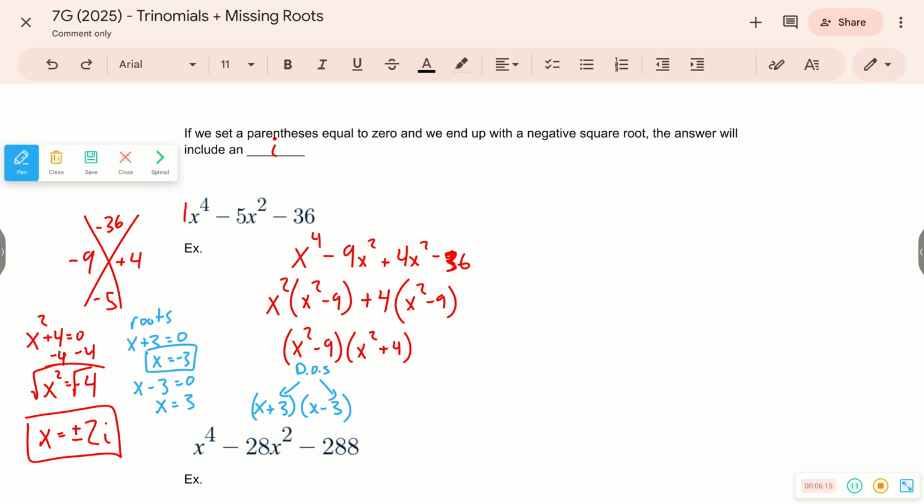So we have a root at negative 3, a root at positive 3, and our last two roots at plus or minus 2i. Pause the video if you need to.